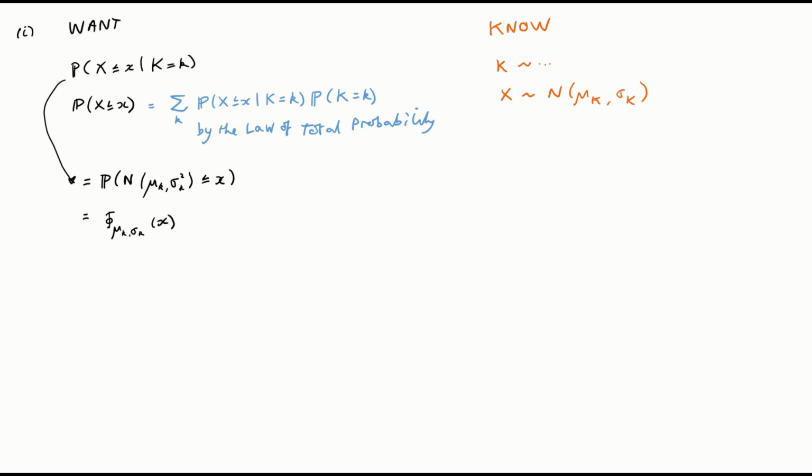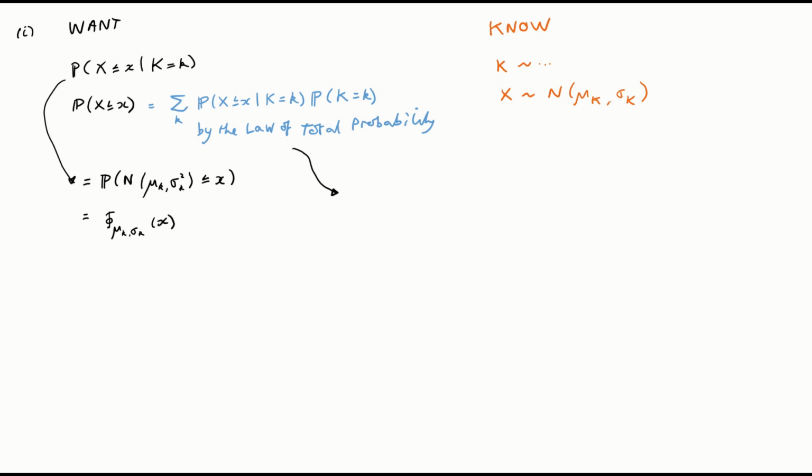The question pretty much tells us what to do here. We're after the cumulative distribution function of a normal. The question tells us, give your answers in terms of the cumulative distribution function for a normal, namely this big phi. So there's nothing more we can do here.